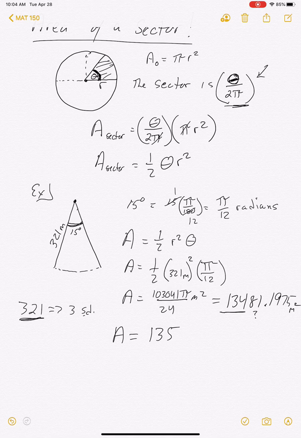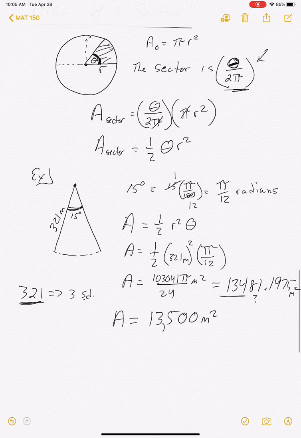I can't just ignore those, I have to turn them to zeros. And if I put 0.0, that would be wrong because that would indicate that I was accurate to 5 significant digits. So it's 13,500 meters squared.